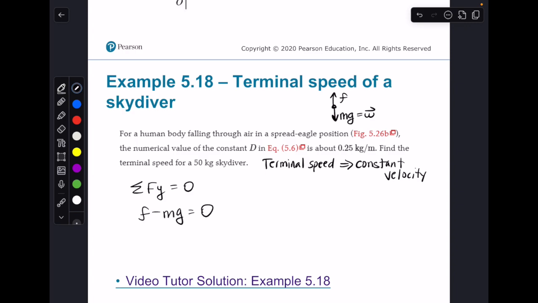will equal 0. And the expression for the magnitude of a fluid resistance force is D times the velocity squared. That velocity will end up being your terminal velocity, because you're moving at constant velocity, so that V is the terminal velocity. So we'll substitute that expression for F. We can solve for V now.